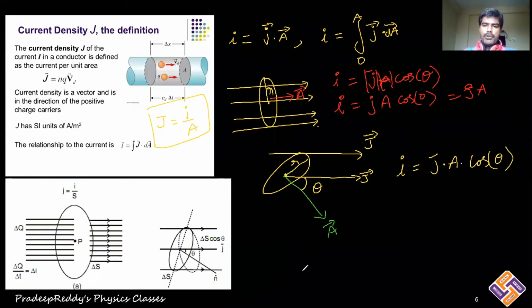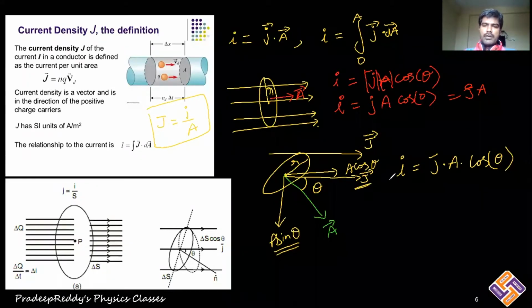So simply you can resolve this area vector into components like this: A cos theta and A sin theta. In order to find the current flowing through this plane, you will take the component of area which is in the direction of current density.